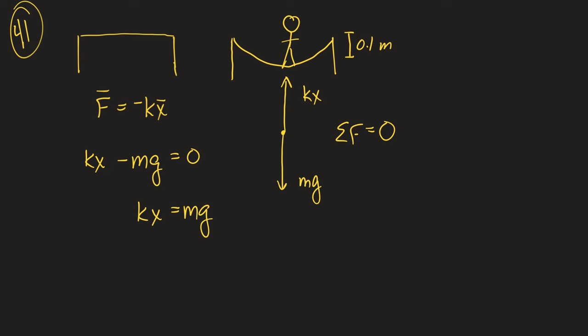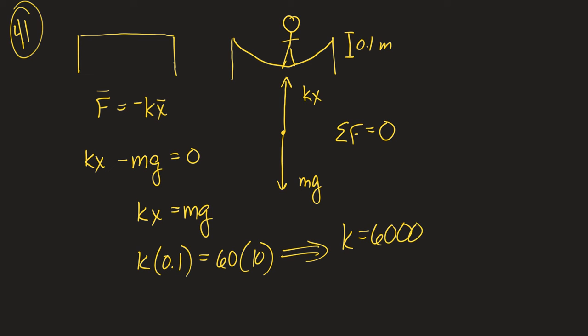They tell me the mass of the kid is 60, and that the trampoline was depressed 0.1 meters. So k times 0.1 equals 60 times 10. So I think that gives me a spring constant of 6,000 newtons per meter. That's part A.